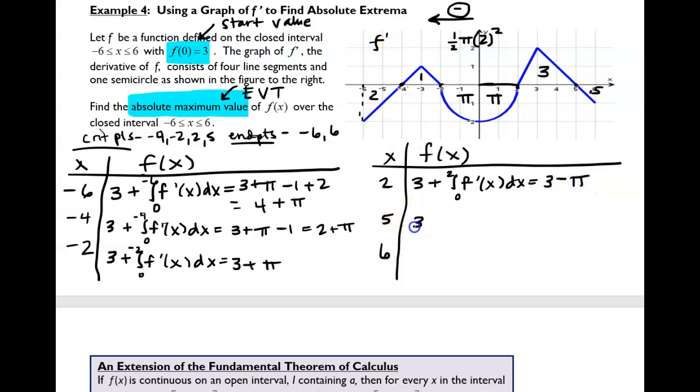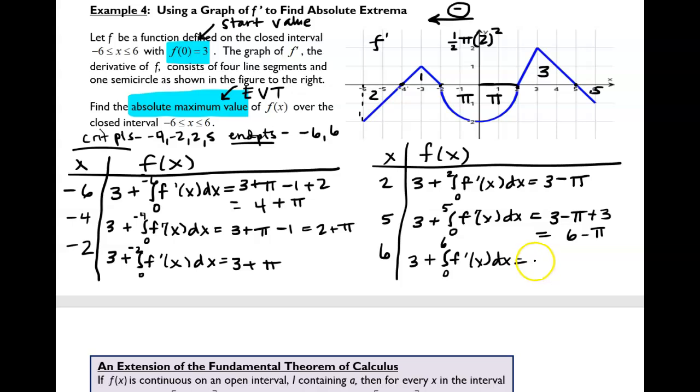At 5, I would have 3 plus my integral from 0 to 5 of f prime of x dx. So 3 minus pi plus 3, that's 6 minus pi. And at 6, I'm going to have 3 plus my integral from 0 to 6 of f prime of x dx. So 3 minus pi plus 3 minus 0.5 gives me 5.5 minus pi.